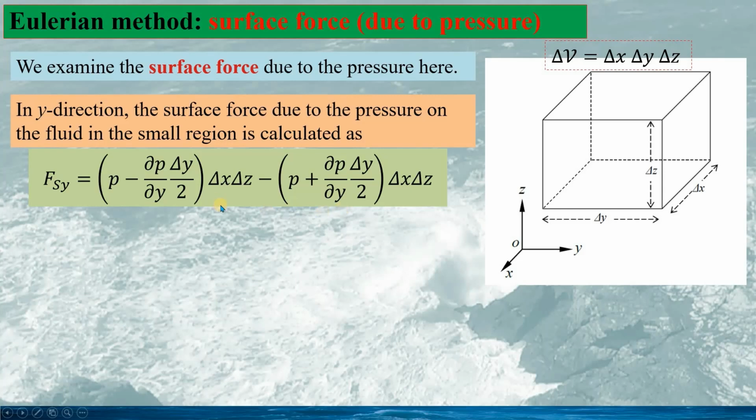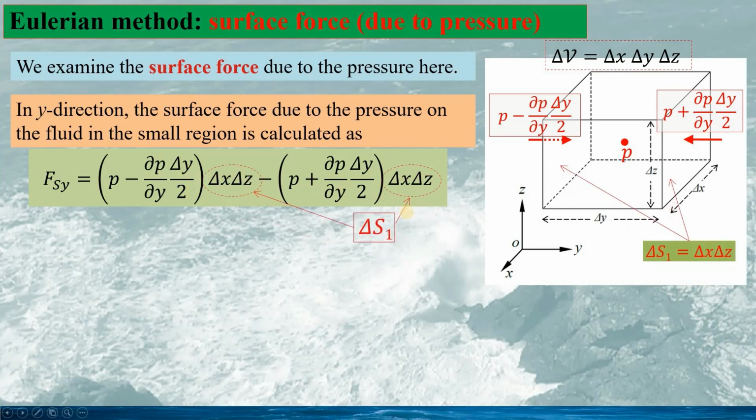Here, if we take the pressure P at the center of the cubic, we can calculate the pressure at both sides. On the left-hand side, it would be P minus the partial differentiation of P over y times half delta y. And the area would be delta S1 equaling delta x delta z.